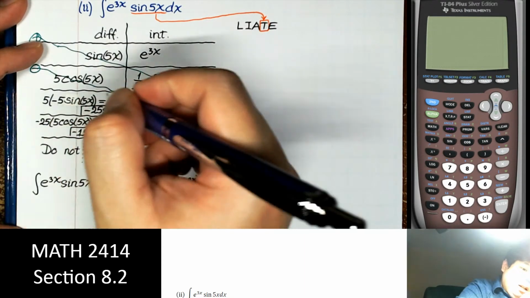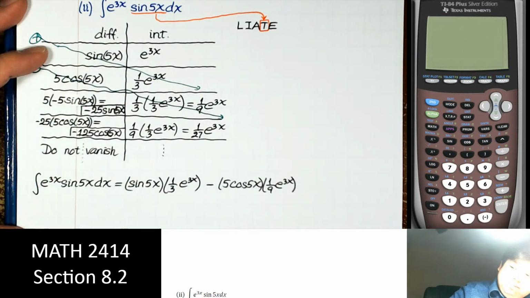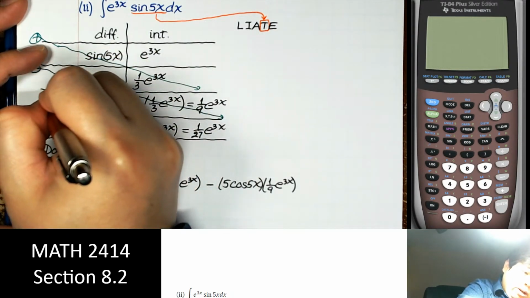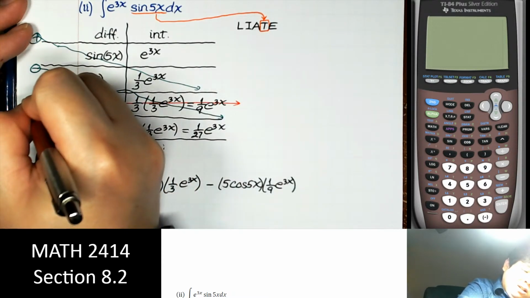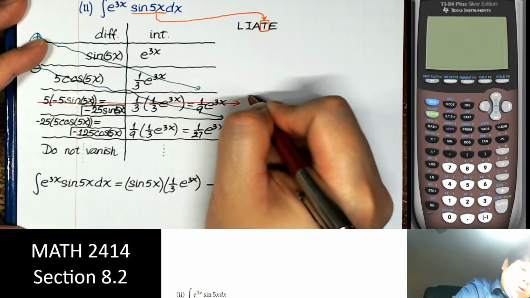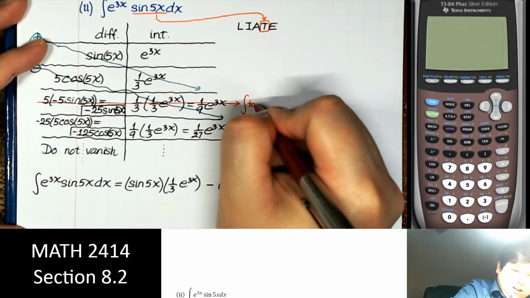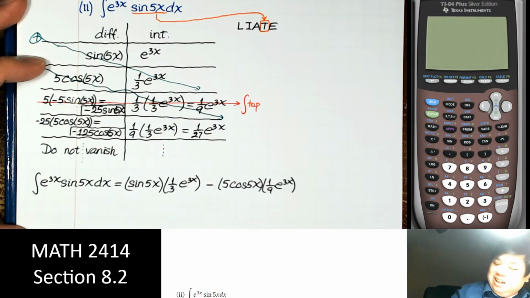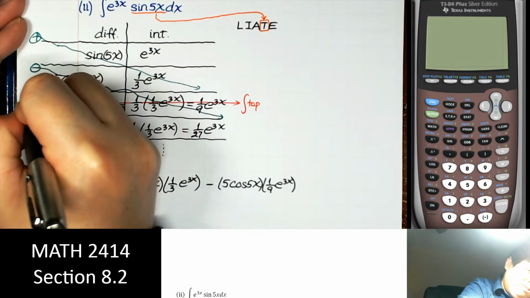What we do is, write this in red, it is going to be the horizontal. And we use the integral. So that line stops. And the signs still alternate positive, negative, and positive.